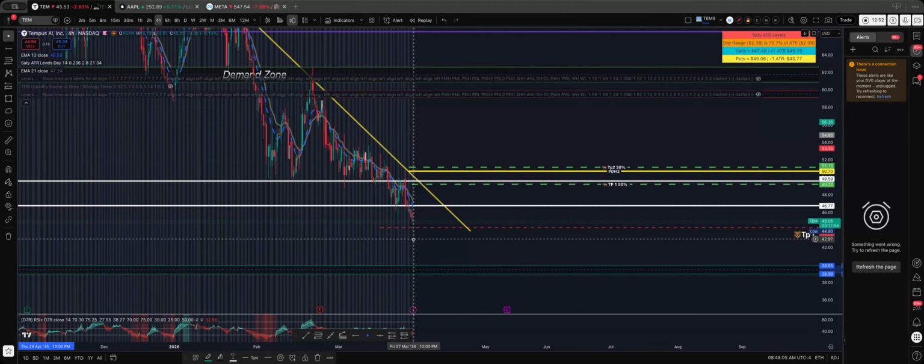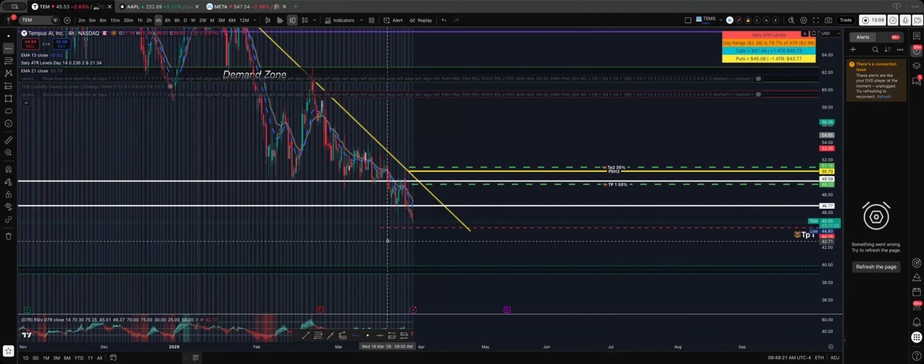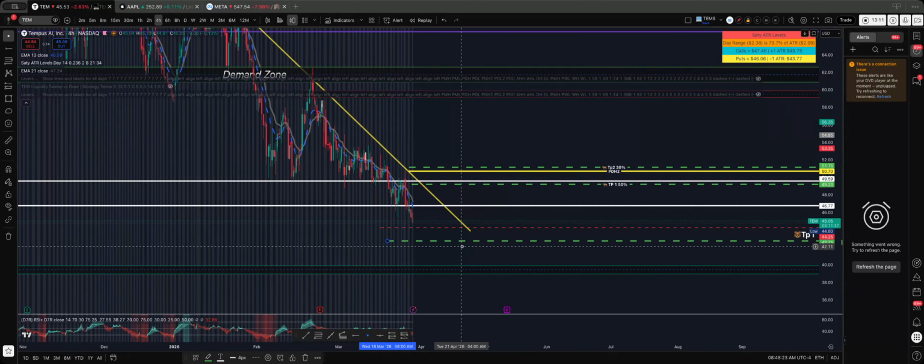So I will put my next take profit. If it's at 44.85 right now, and at 44.25, I will put my next take profit at 42.75. There we go.